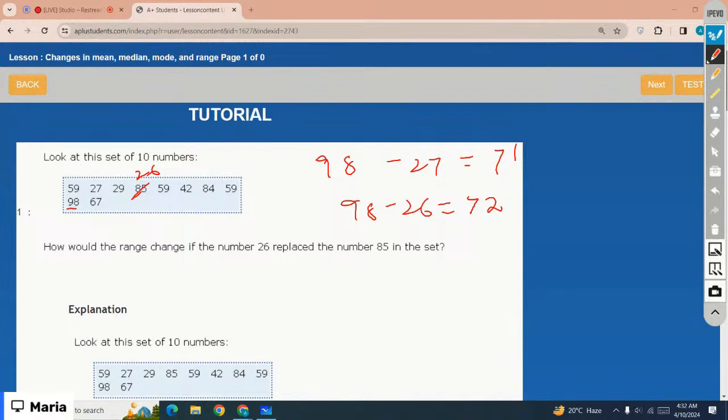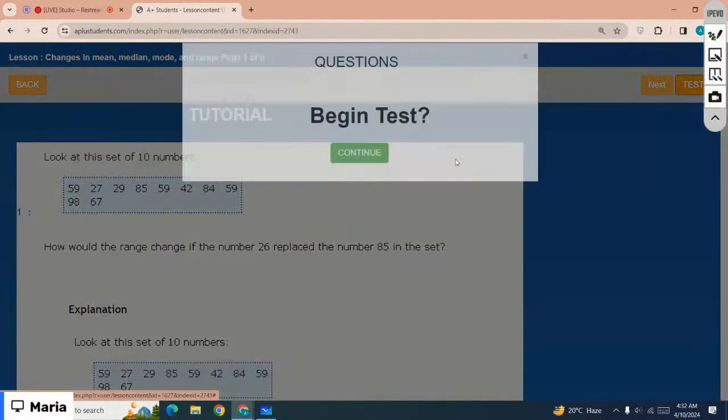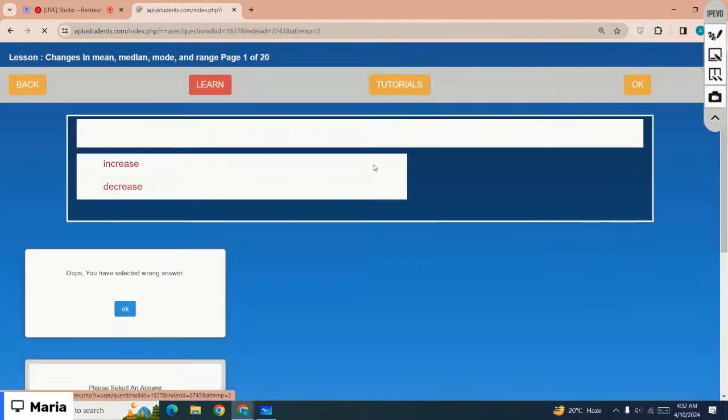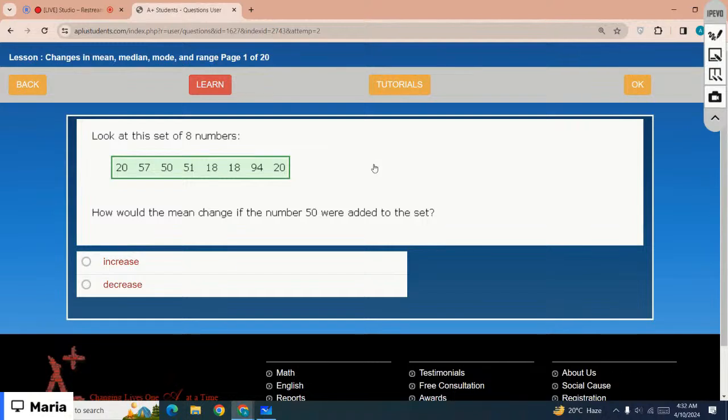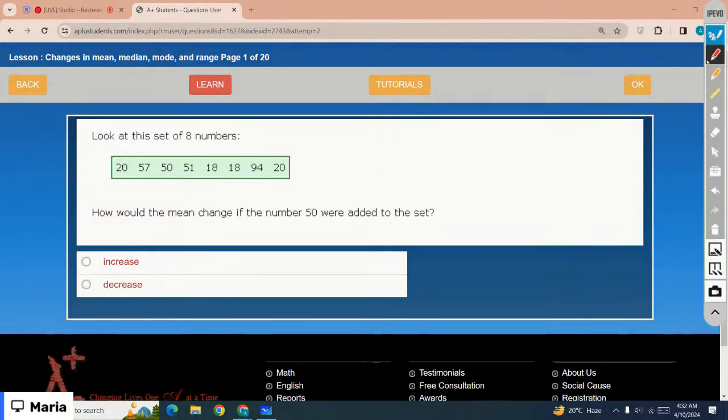Okay, let's just start with the practice questions. Look at the set of 8 numbers. How would the mean change if the number 50 were added to the set? Let's just calculate the mean right away. Simply add them all and divide by the number of values. So they are 20 plus 57 plus 50 plus 51 plus 18 plus 81 plus 94 plus 20.